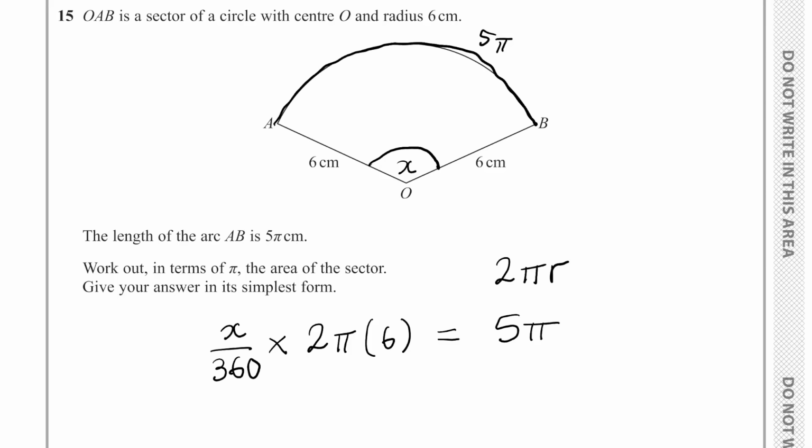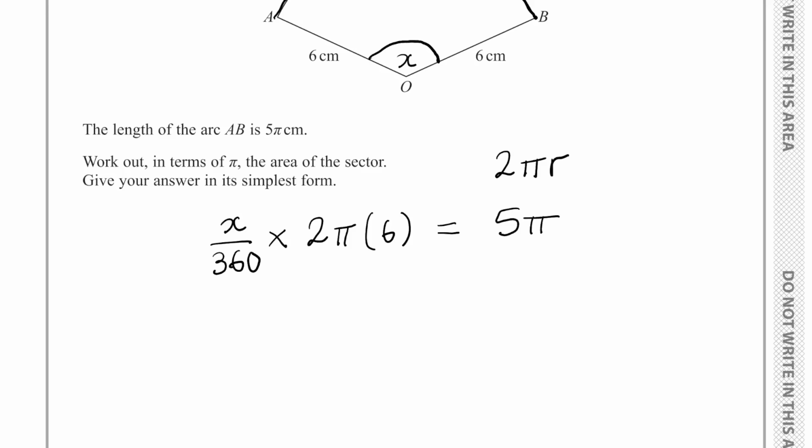We can find out what this angle is now. So let's simplify this as much as we can. 2 6's are 12. I'll have x over 360 times 12 pi equals 5 pi. 12 pi is the same as 12 pi over 1.